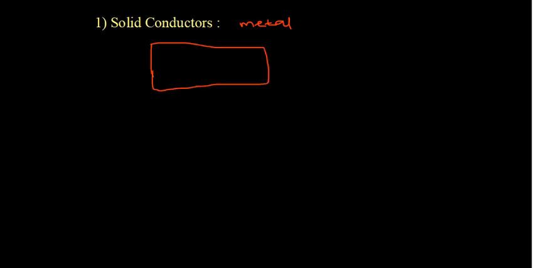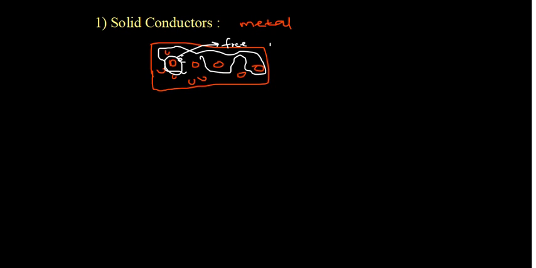But another practical observation has been made. For example, if these are some atoms, I'm showing here schematically, there are always some free electrons wandering in the vicinity of them continuously.